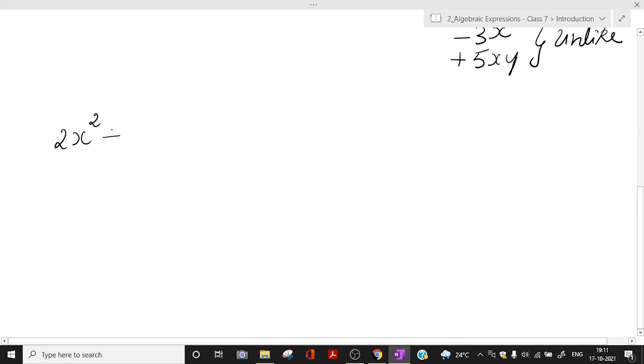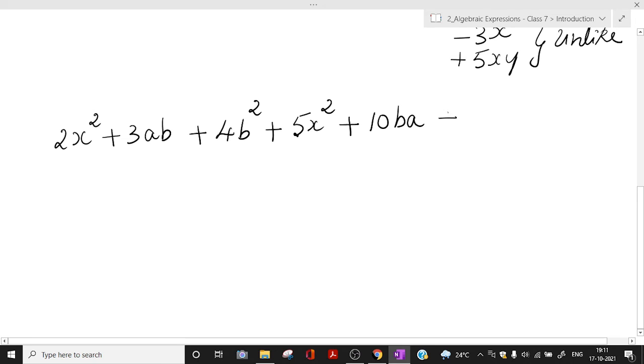So 2x square plus 3ab plus 4b square plus 5x square plus 10ba plus 8y.